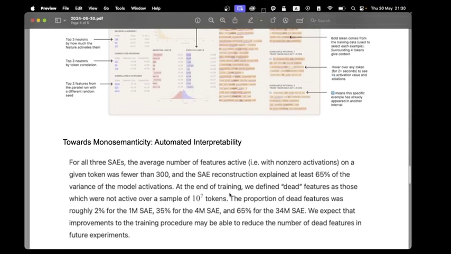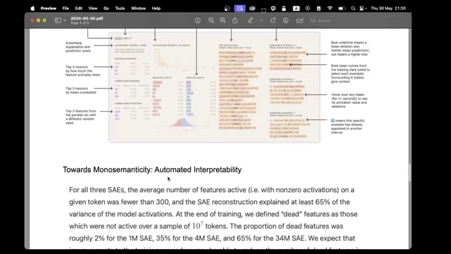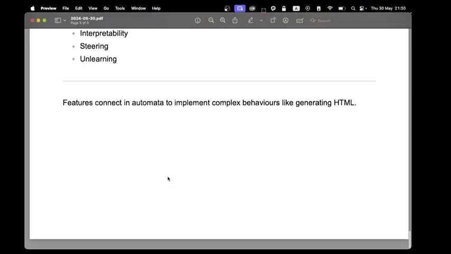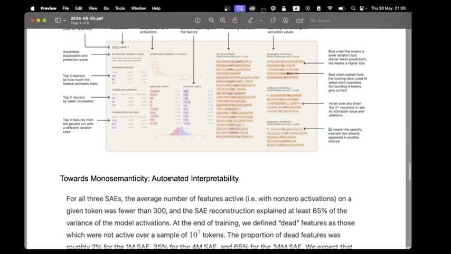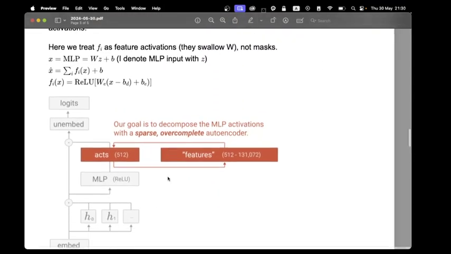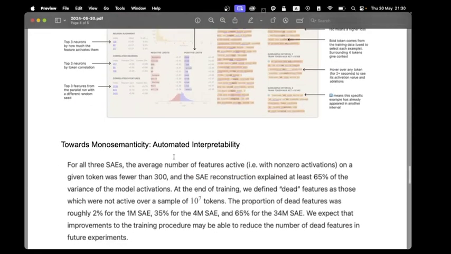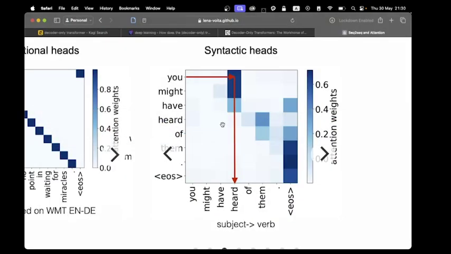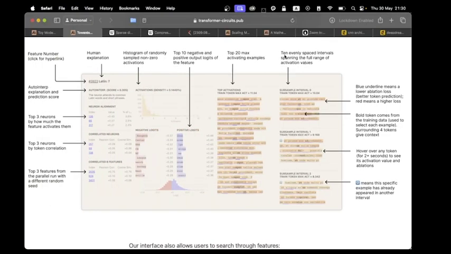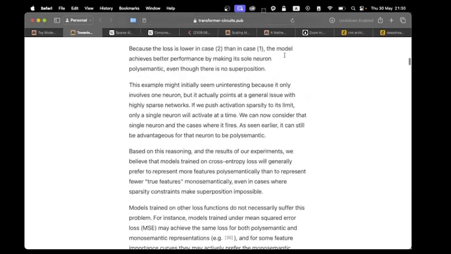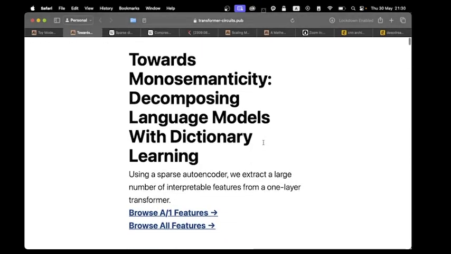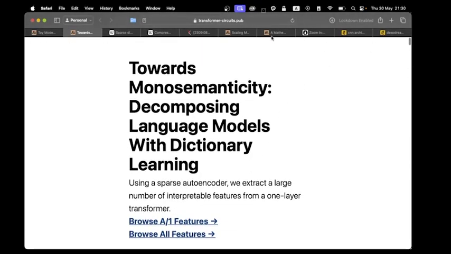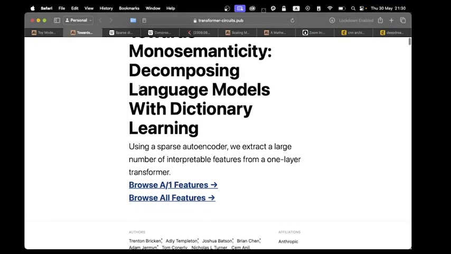And this is actually still not the latest result. I mean, this is the previous result, which worked on the toy model.